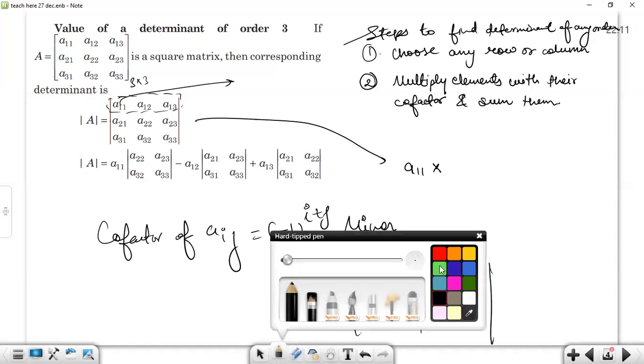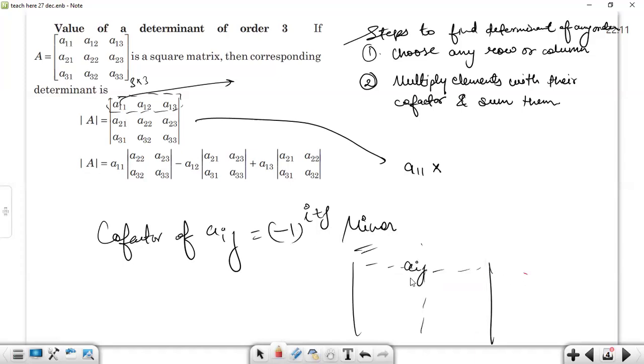What we need to do is exclude the respective row and the respective column of where the element is present, and we'll have to find out the determinant of the remaining. So let's say for finding out the cofactor of A11 element, we'll exclude this respective row and respective column.